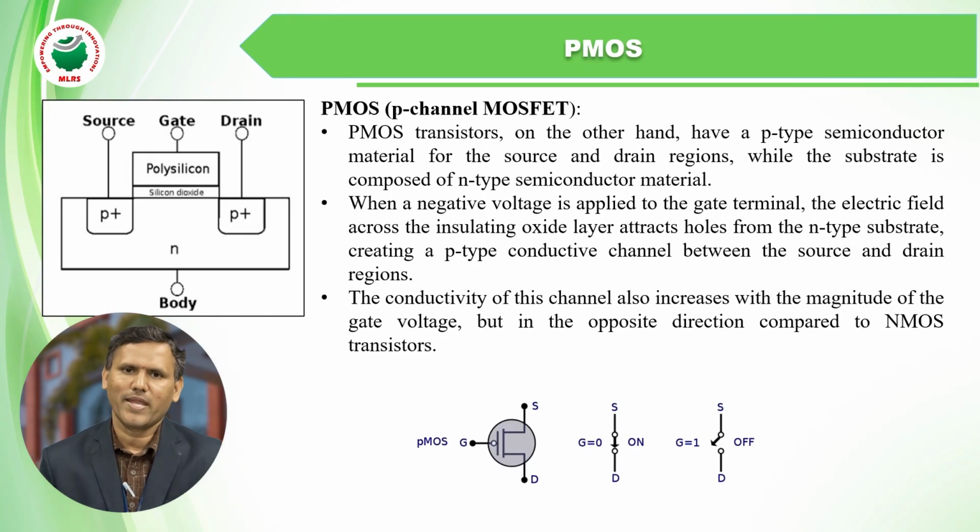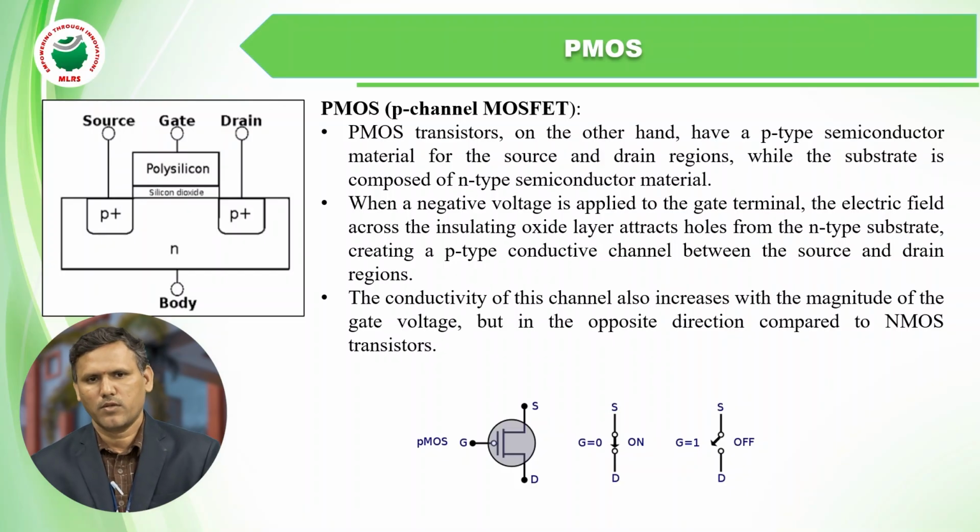Next one is PMOS. In PMOS, the majority charge carriers are holes. When the MOS transistor is doped with P-type material, more holes are added, and it is called a P-type MOS or PMOS field effect transistor.